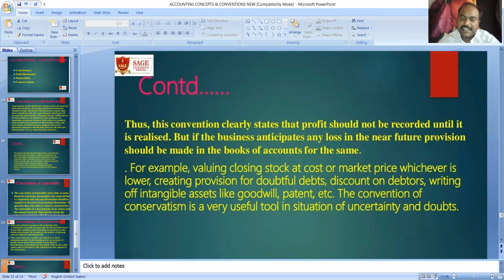But if the business anticipates any loss in the near future, provision should be made in the books of accounts. For example, valuing closing stock at cost or market price, whichever is lower, creating provision for doubtful debts, discount on debtors, writing off intangible assets like goodwill, patents, etc. So the convention of conservatism is a very useful tool in situations of uncertainty and doubt.